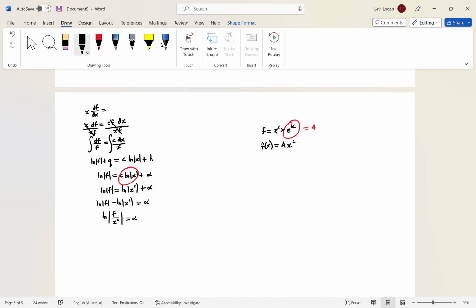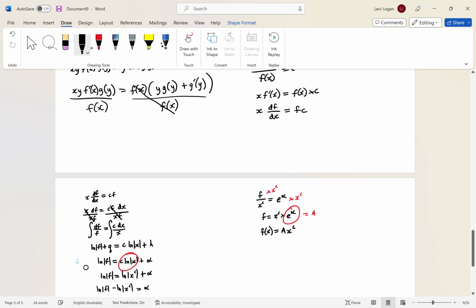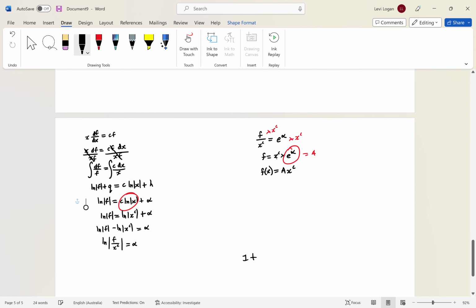Alright, so our second ODE is up here. So our second ODE is 1 plus, what is it? g prime. Oh no, the computer's lagged out a bit. I don't know if I'm going to be able to finish the problem.